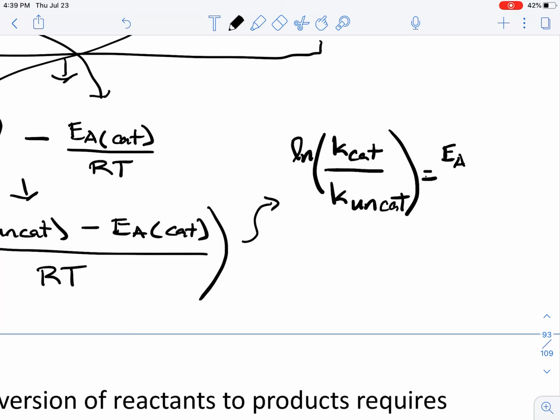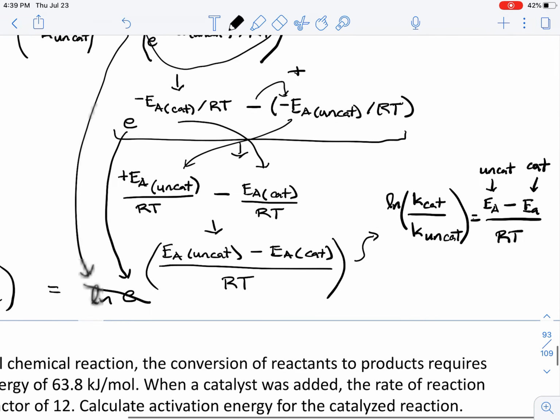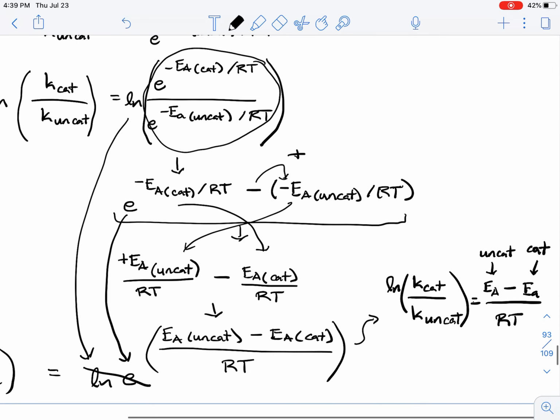EA of the uncatalyzed minus EA of the catalyzed over RT. Okay?